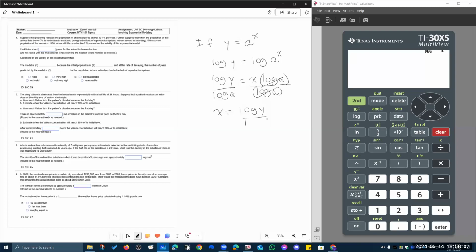like so. Now, it really doesn't matter. I used log base 10 here. I could have also done this with log base e, which is written as ln. And usually math people prefer ln just because it's one less letter to write.